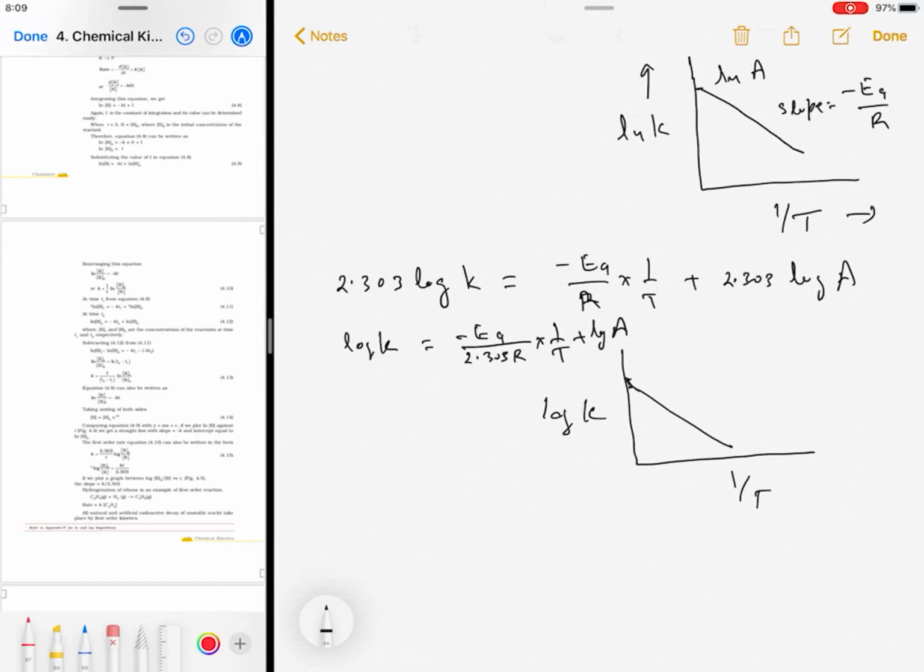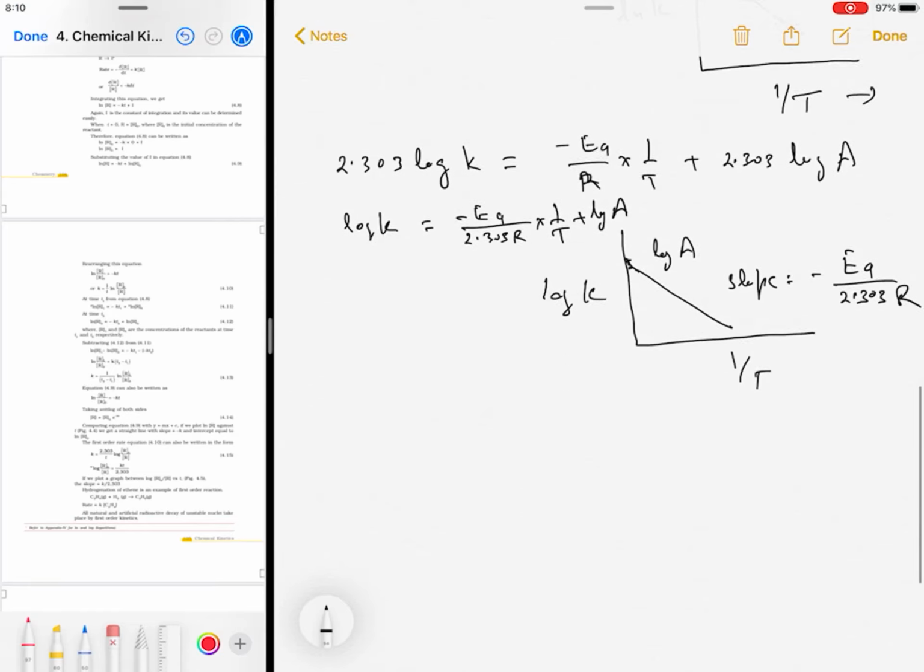The intercept will be log of A and the slope will be equal to minus Ea upon 2.303 R. So this is a straight line equation.